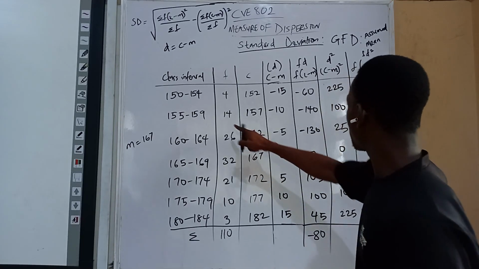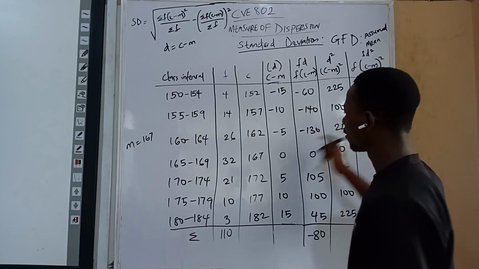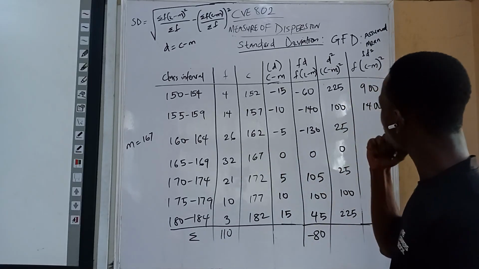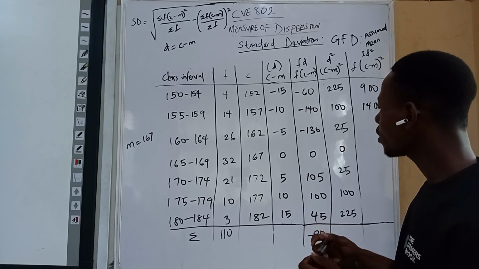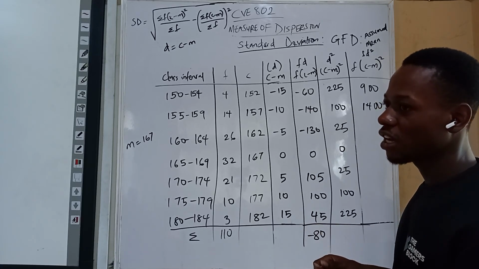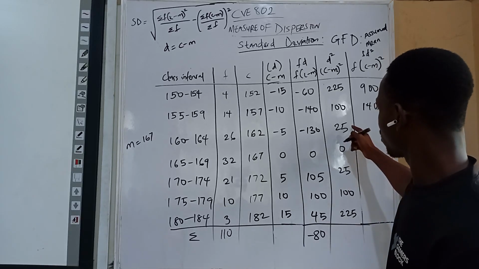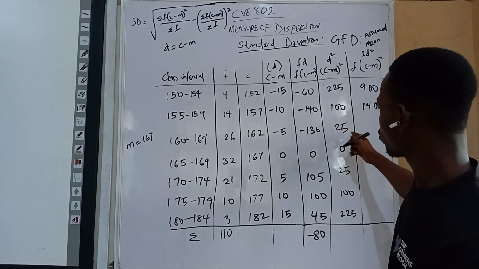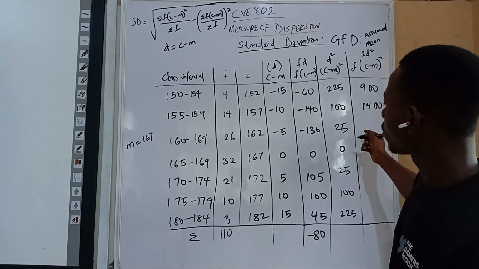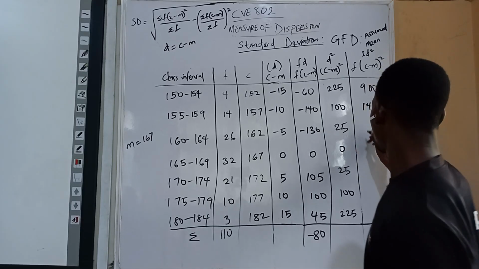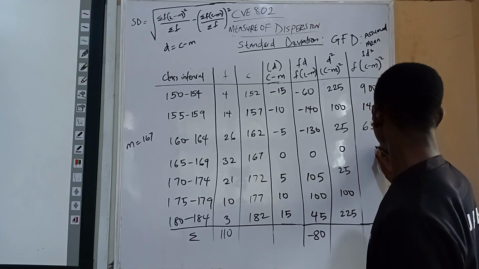Then 14 times 100, that's 1400. 26 times 25, that's 650. Then this one is 32 times 0, 0.